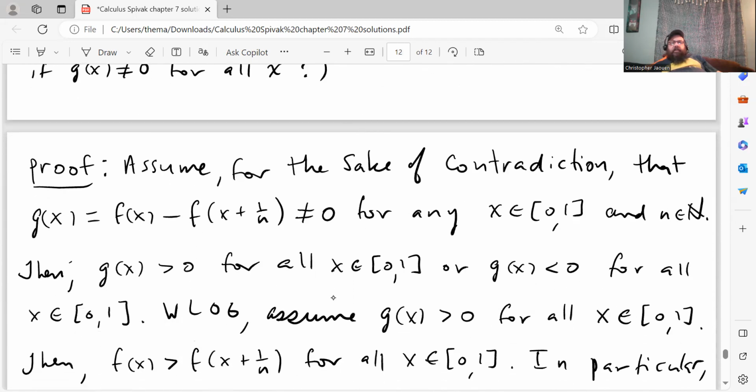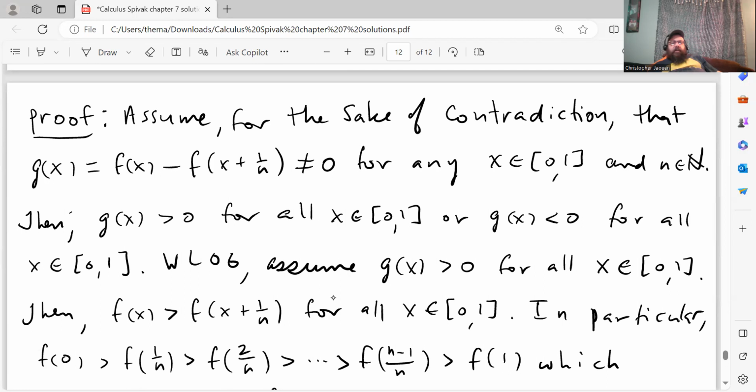All right, so here's the solution. Assume for the sake of contradiction that g(x) = f(x) - f(x + 1/n) is not 0 for any x in the closed interval [0, 1], and for any natural number n. Then g(x) is either greater than 0 for all x in that interval, or g(x) is less than 0 for all x in that interval.